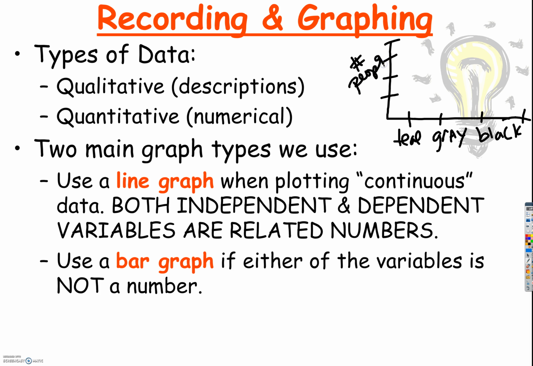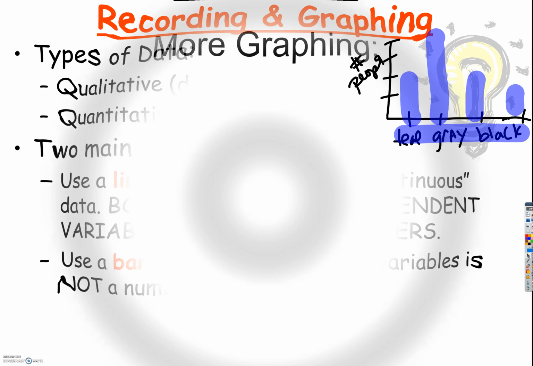One of your pieces of data is not numerical, which is the colors of shirts. So this would make way more sense to be a bar graph. So that's how you're going to make your decision, and we'll do some practice ones in a second, but that's going to be the distinguishing factor. Again, they may tell you what kind of graph they want, which makes it even better, but that's going to be your rule of thumb if they don't tell you specifically.